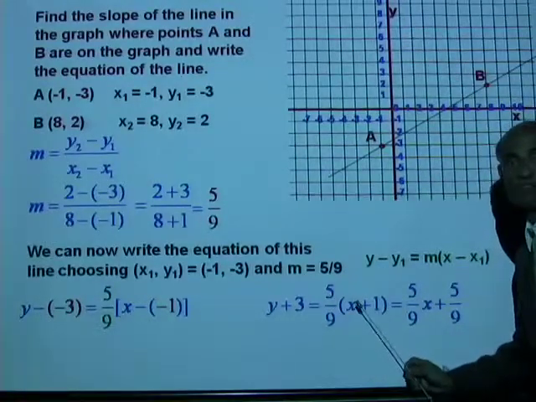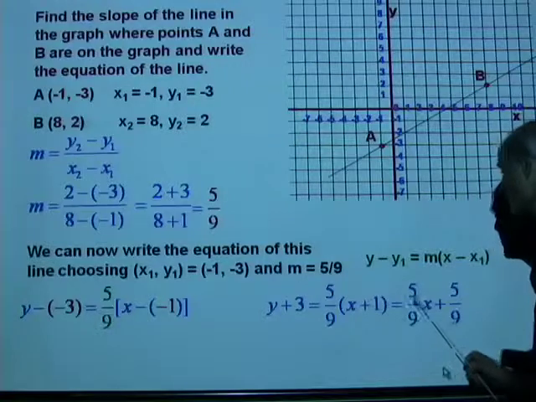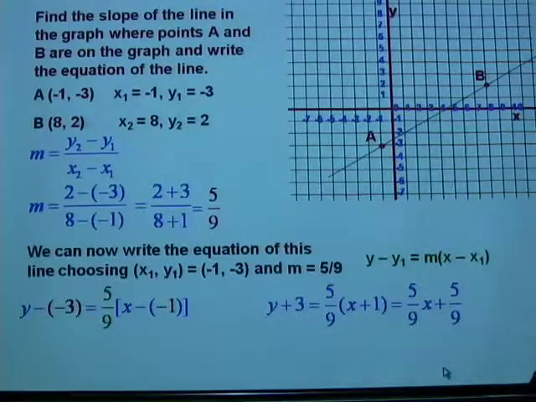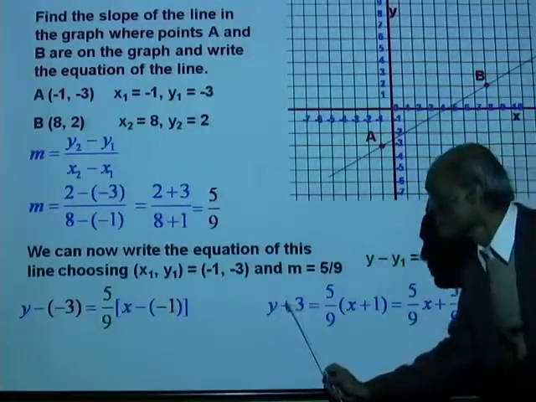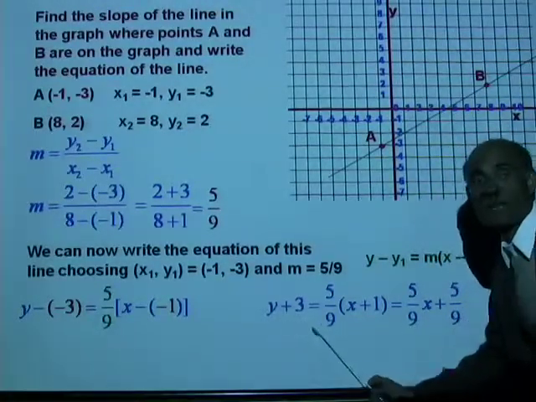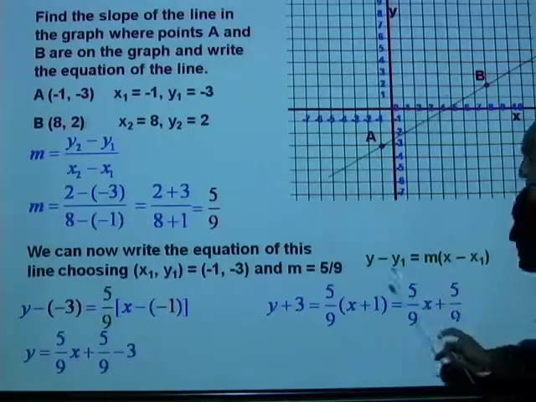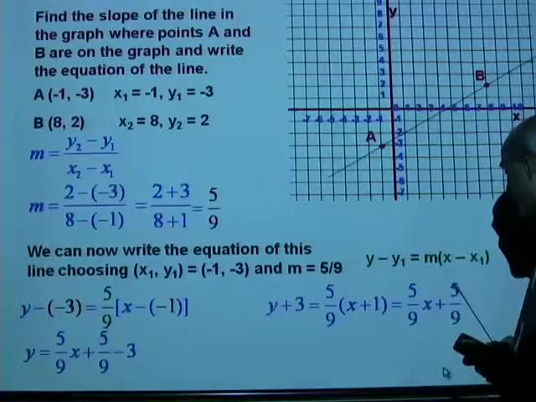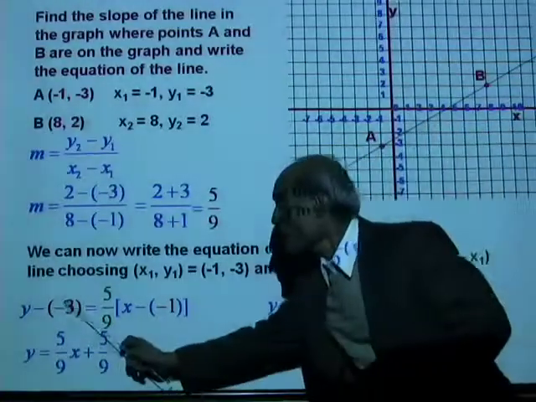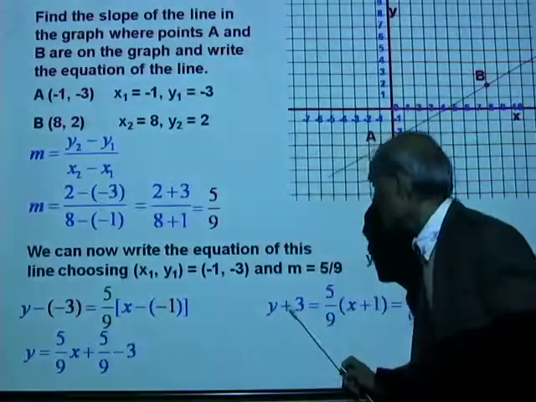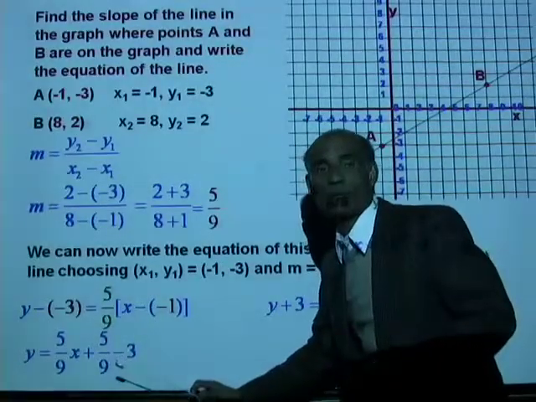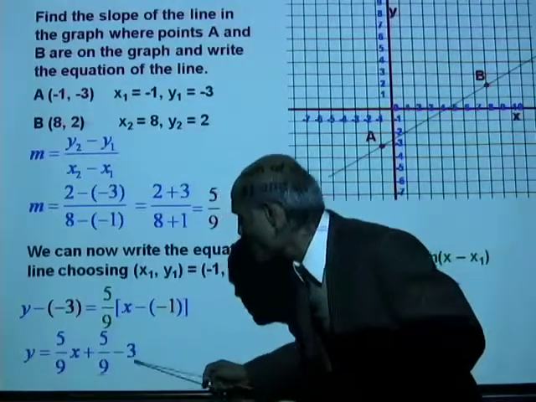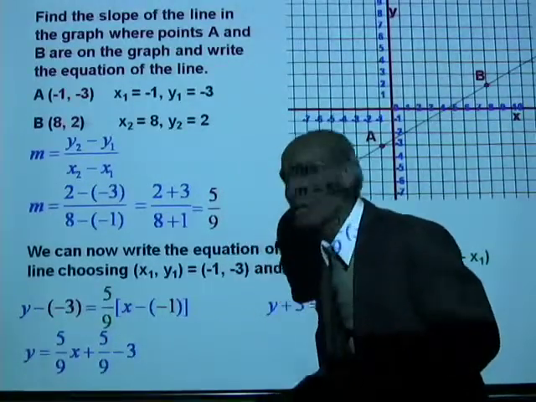Distribute the 5/9, that will be 5/9x plus 5/9. And what is the next step? Move that positive 3 from the left to the right. You get y equal to 5/9x plus 5/9 minus 3. That positive 3 on the left is moved to the right. And now you need to simplify this. What is 5/9 minus 3?